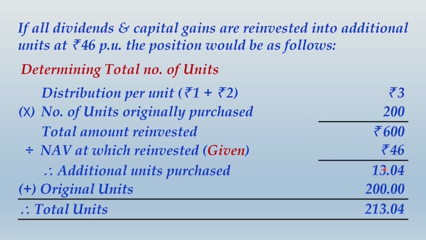These 13.04 units, when these were purchased at 46, even these units will have some gain in their value, because by end of the year the NAV per unit became 48 and doesn't remain 46. So this will be putting some additional return for the investor, and therefore it is obvious that the rate of return will be little higher than the rate of return that you would have observed in the earlier scenario. So first write up this calculation and then I take you ahead.